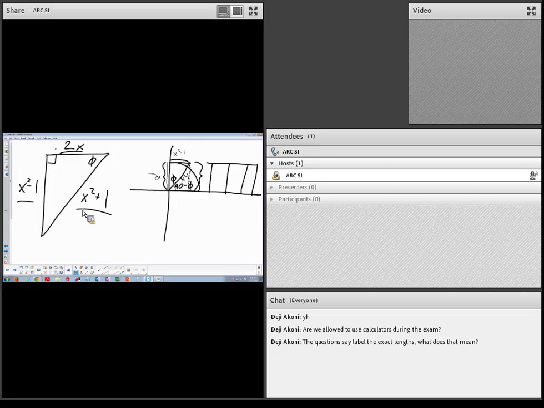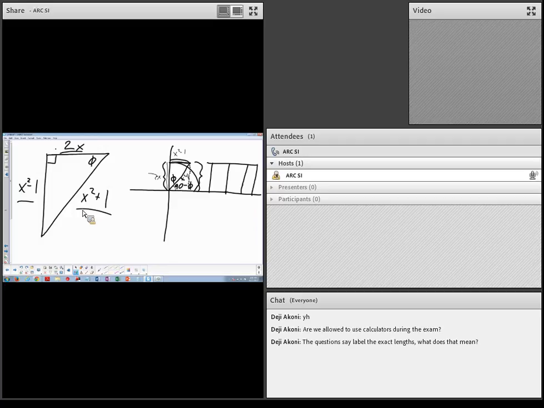So you just do that for all of them. For tangent, you don't have to do anything. For cosine, you do the same thing, sort of. And then for tangent, you just use the previous two answers. So that bottom is x squared minus 1? Yeah, because it's the same as this length.